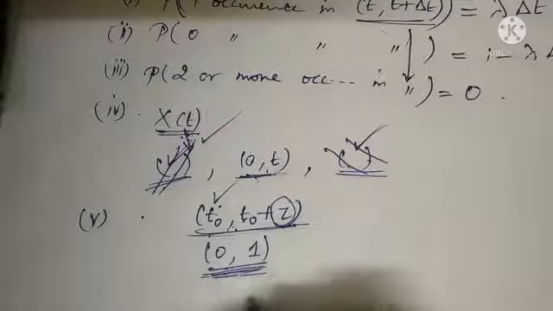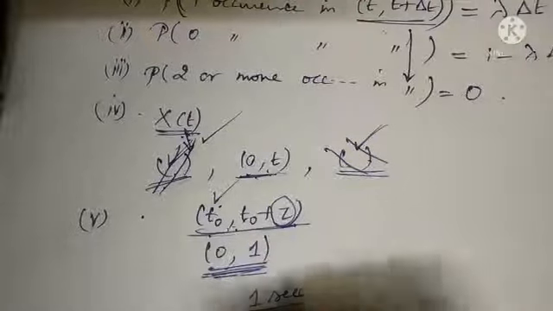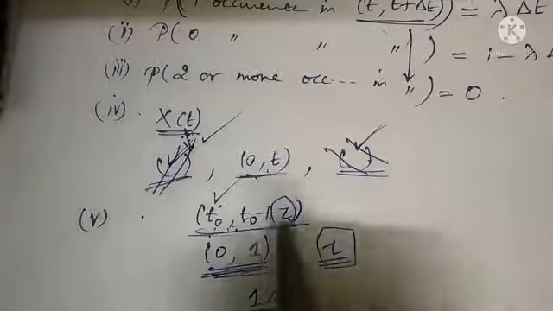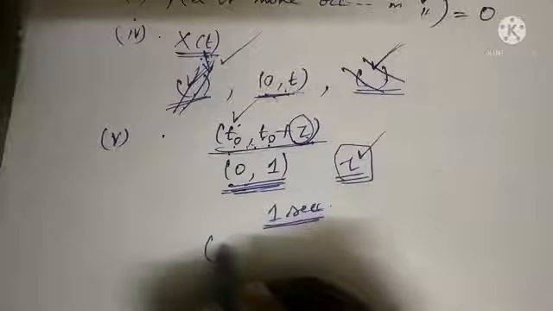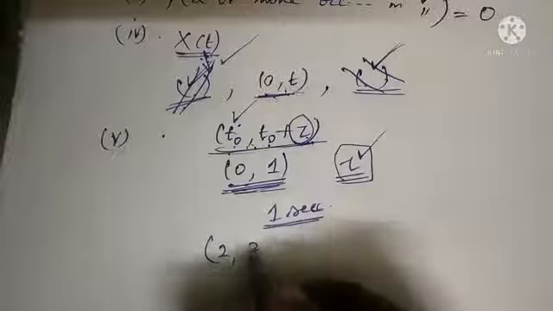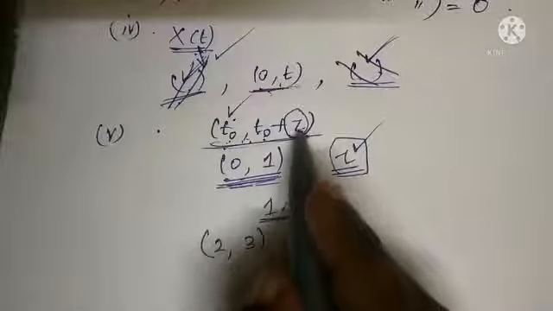Listen here, what is the time duration of the interval 0, 1? 1 second, 1 minus 0. Similarly, the time duration of t0, t0 plus tau is t0 plus tau minus t0, which is tau. So the event which occurs in the interval depends only on tau, not on t0. If t0 is 2 seconds and t0 plus tau is 3 seconds, then t0 takes 2 and tau takes 1.